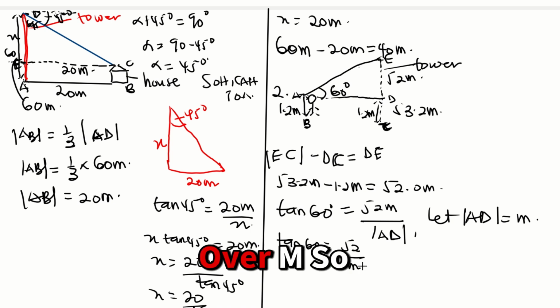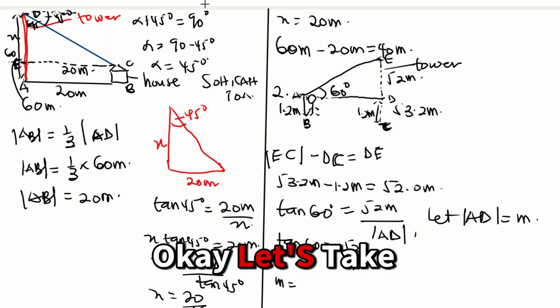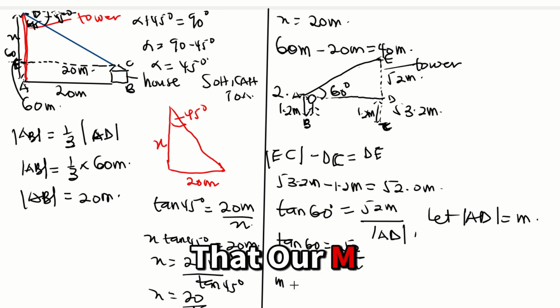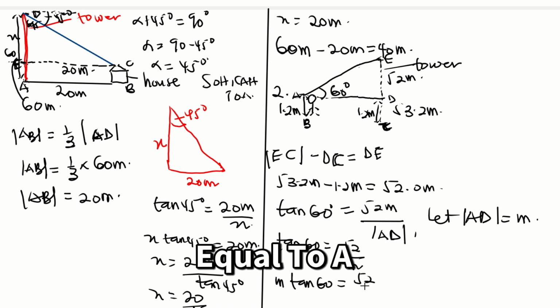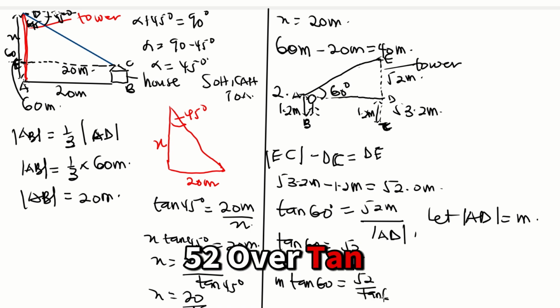So this is over m, so it means that m is equal to, okay, let's take step by step. Our m tan 60 is equal to 52, so m equals 52 over tan 60. All right, 52 over tan 60.